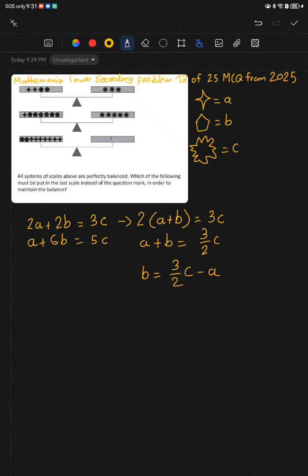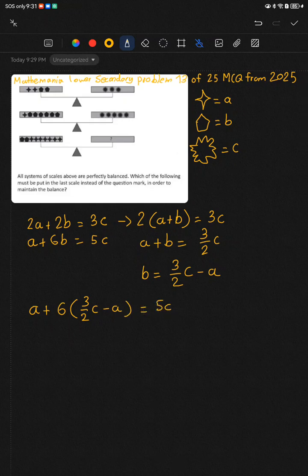Let's now substitute that value of B into the second equation. So A plus 6B becomes A plus 6 times (3 over 2 C minus A), which equals 5C.